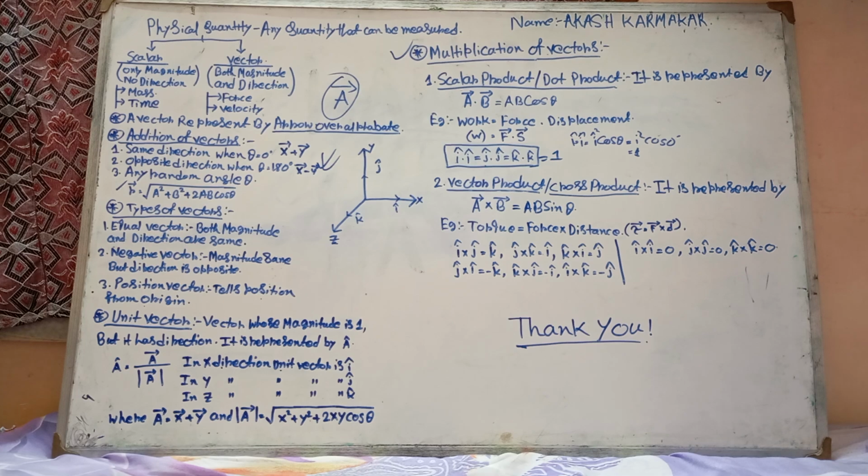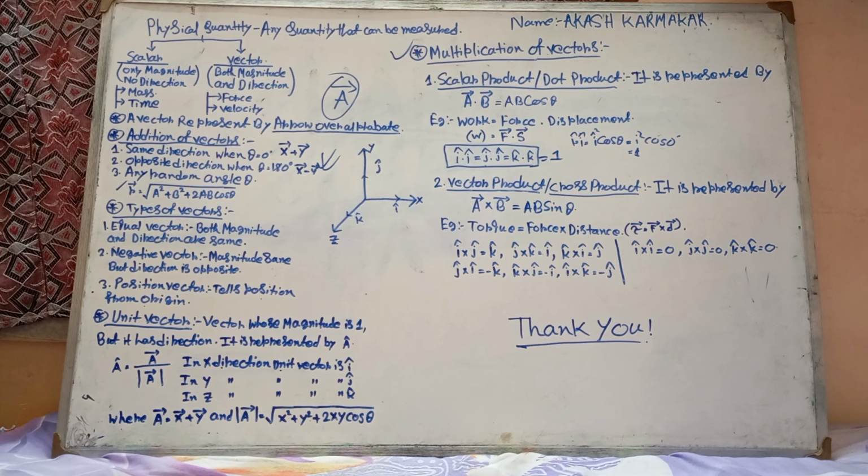If we reverse the direction, then the result is reversed: j cap cross i cap is minus of k cap, k cap cross j cap is minus of i cap, and i cap cross k cap is minus of j cap.